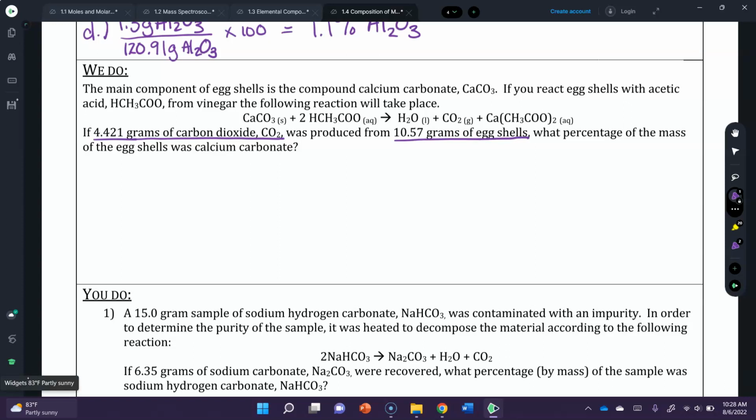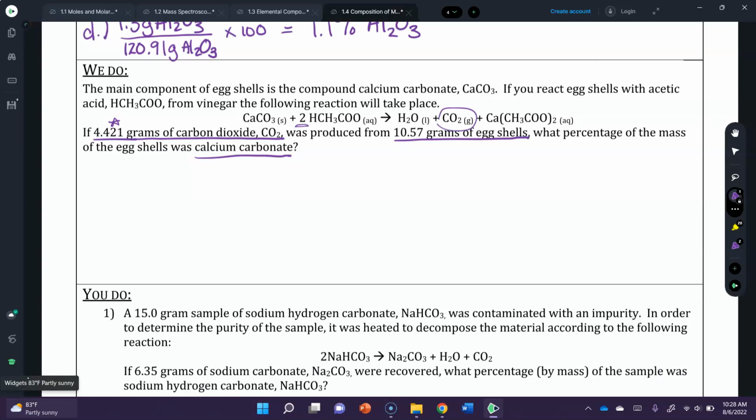So you want to know the percentage mass of calcium carbonate in the eggshells. As a hint, you're going to start here with your known value of a specific part, because it's in here. And since there's a coefficient, you can assume that the reaction is balanced.